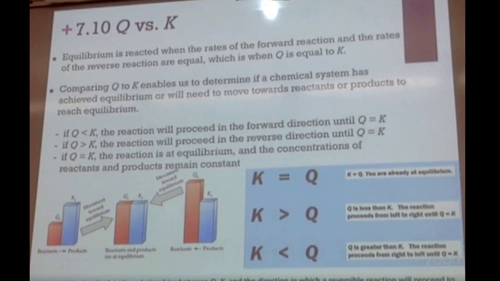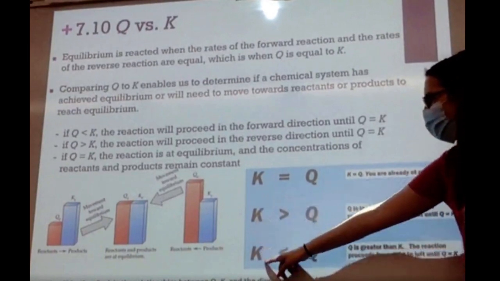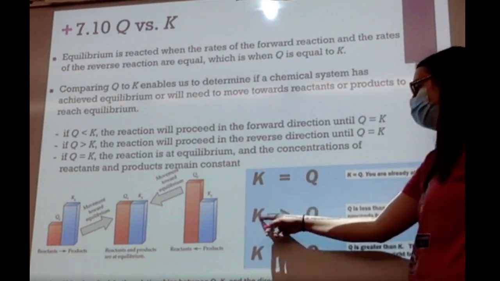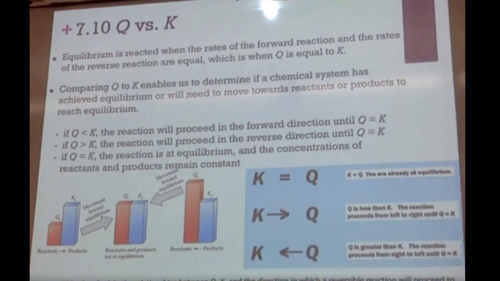I saw this when I was looking at an AP review where you write K and then Q, and it was pretty clever, because based on how K compares to Q, it shows the arrow.